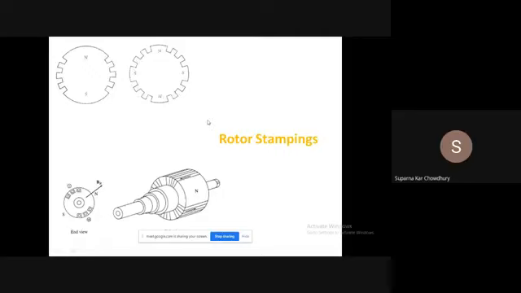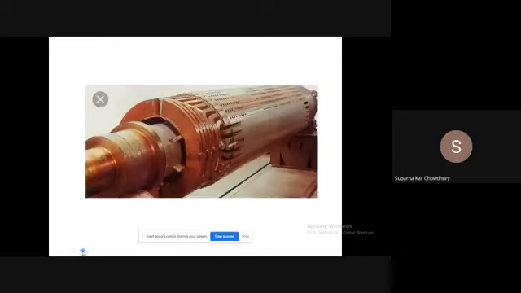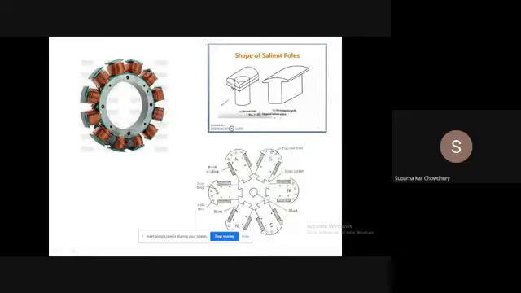So we opt for the salient pole construction, where we can have a large number of projected poles like this. So either we go for cylindrical rotor or salient construction, but always we will have the armature on the stator and field on the rotor.